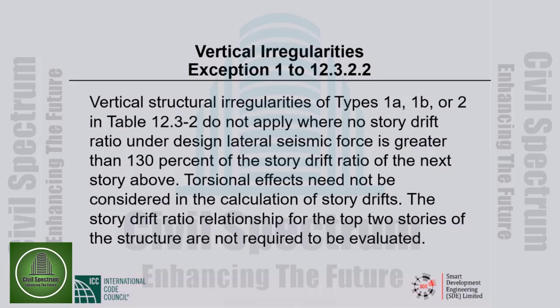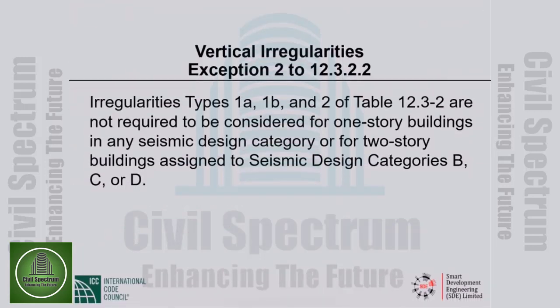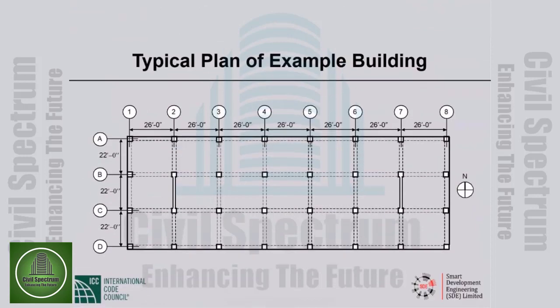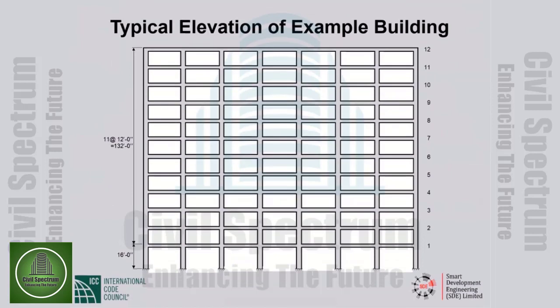Okay, so I just want to tell you that this is another exemption which is much less important. So we once did that building. This is a 16 feet ground story, 12 feet typical story.